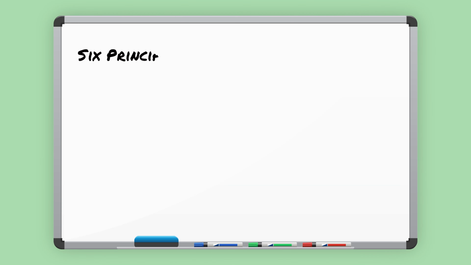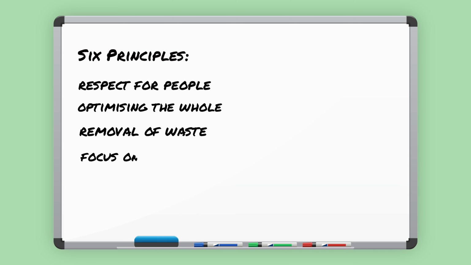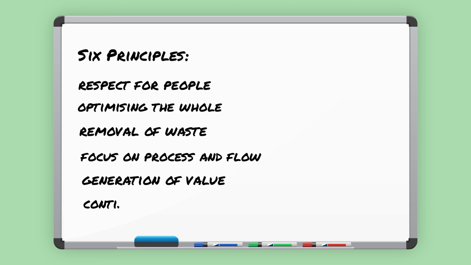There are 6 key principles that most projects follow when implementing lean construction management. Respect for people, optimizing the whole, removal of waste, focus on process and flow, generation of value, and continuous improvement.